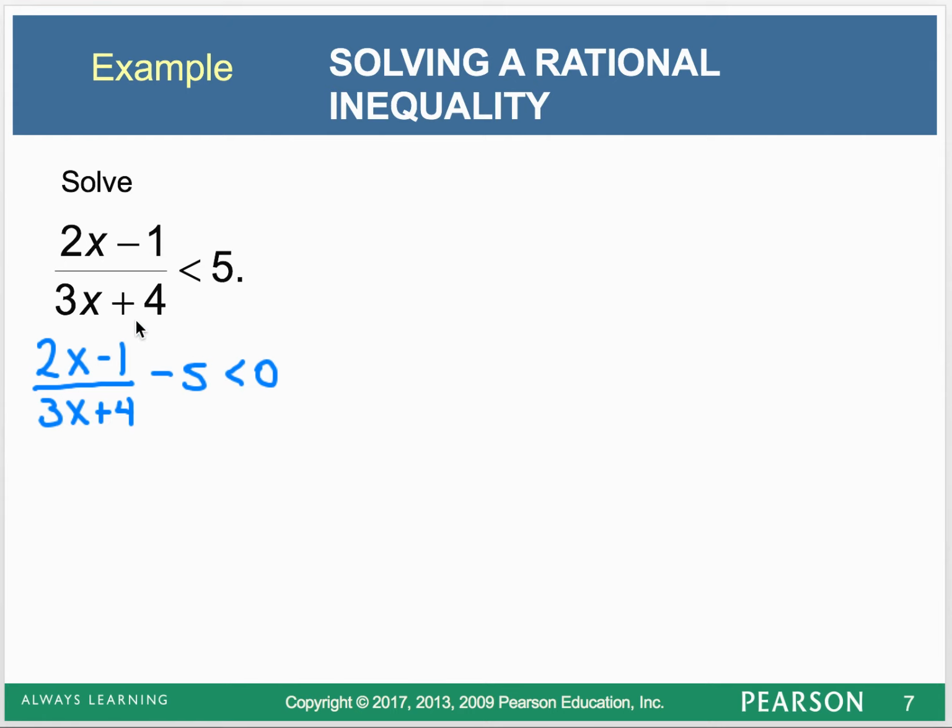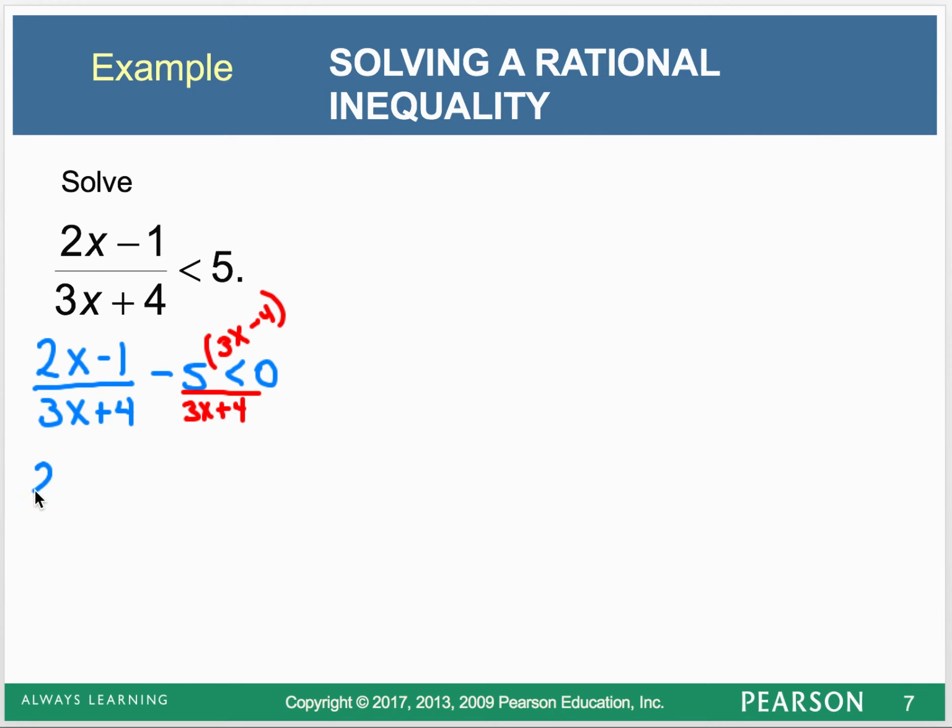Right. We can't have things being added or subtracted, only multiplied or divided. So I need to make an equivalent fraction and add them together into one fraction. So my denominator is 3x plus 4. Which means if I put this on a denominator of 3x plus 4, I also have to put that in the numerator, making an equivalent fraction.